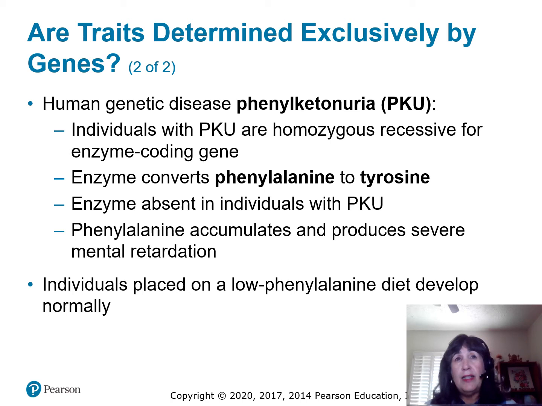If it doesn't, and you have an accumulation of it, it can cause retardation. But if you recognize that the enzyme is not working in the baby, then you can modify the diet. Once you modify the diet, which is an environmental influence, then you can have a normal individual. And that's why this testing is done.